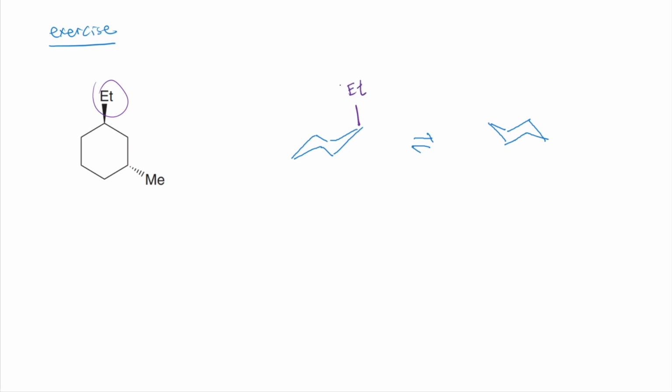It's an A bond, and then this one was on the equatorial bond in here. And if we flip it, this will be the Et, and then the Me will turn into an A bond.